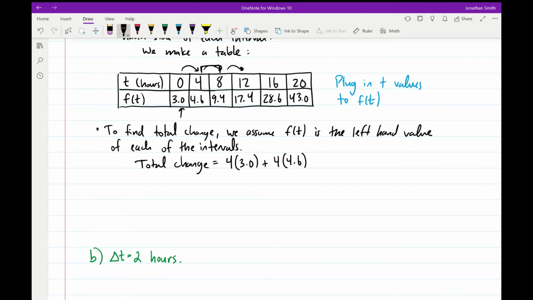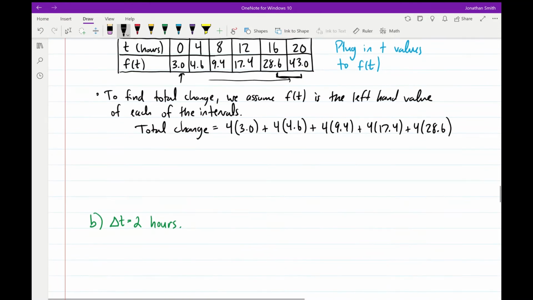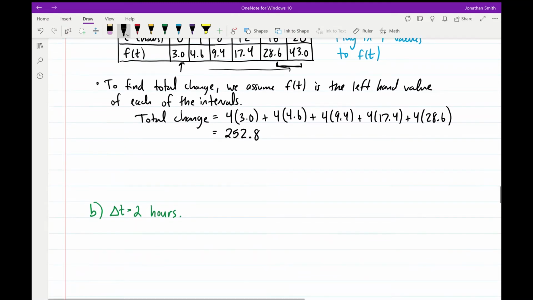We get a 4.6. And we continue this all the way across the table to the right. So we get a 4 times 9.4, plus a 4 times 17.4, plus a 4 times 28.6. And now we're done, because 4 times 28.6 gave us this last interval from 16 to 20. Now we plug this into a calculator, and you find that this is equal to 252.8.